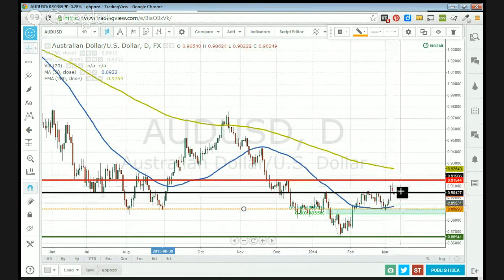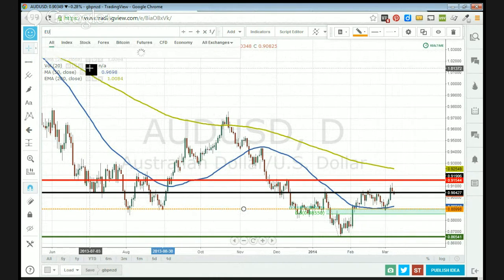Right now, we might have a bunch of noise back and forth. I don't want to move it to break even until it closes below a support or resistance level of some type. Okay, so that's Aussie dollar. That's also progressing well. So far, so good, but no action to take.